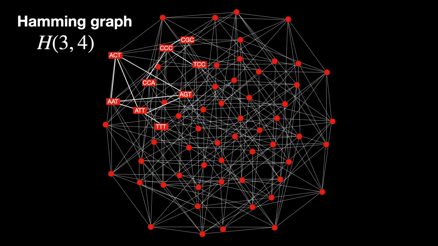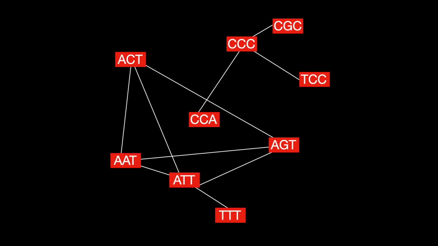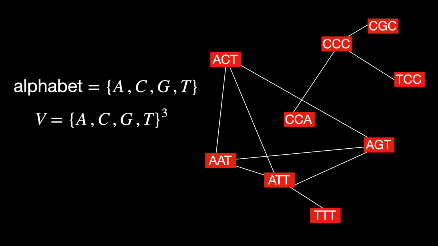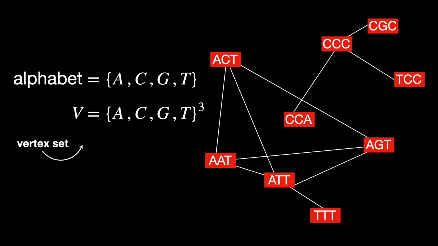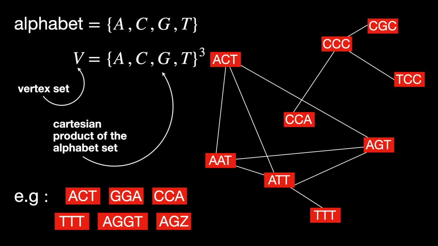Take the Hamming graph H(3,4). Here, each vertex is a string of 3 letters over the alphabet ACGT. The vertex set is written as ACGT to the power of 3. This represents the Cartesian product of ACGT, so the alphabet set, with itself 3 times, which means all possible combinations with repetition to form strings of length 3.